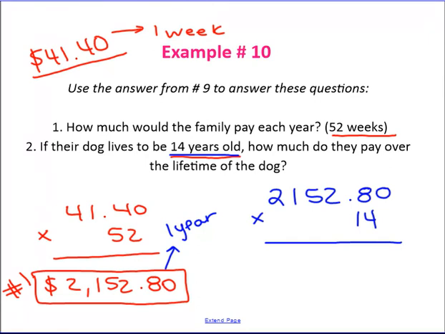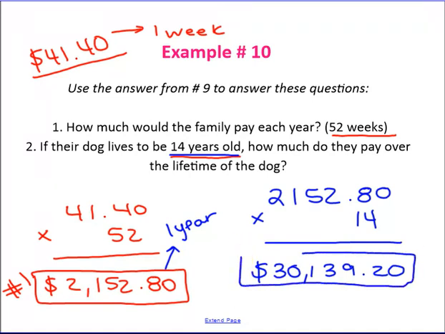And again, you can go ahead and use your calculator. So that's going to be a total of $30,139.2. Now again, that's what your calculator is going to spit out. That is not an acceptable way to write money. You need to add the 0 onto the end of that. So over the course of the life of the dog, they're going to spend $30,139.20. And that's the answer for number 2.